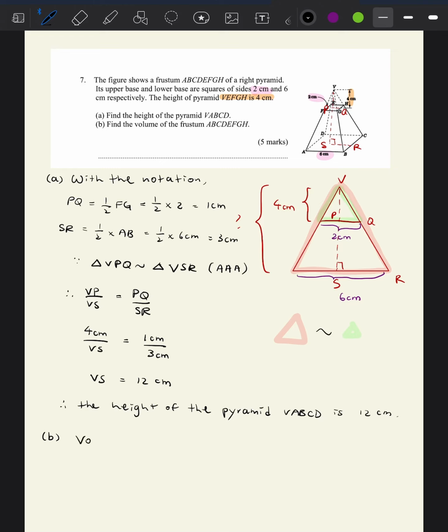So therefore, part B, we can just say volume of frustum equals volume of the big pyramid minus the small one.